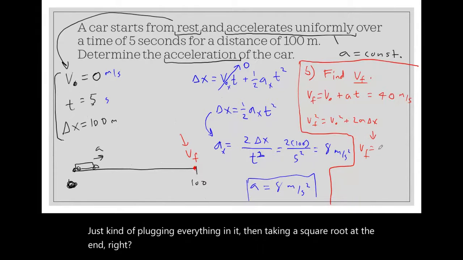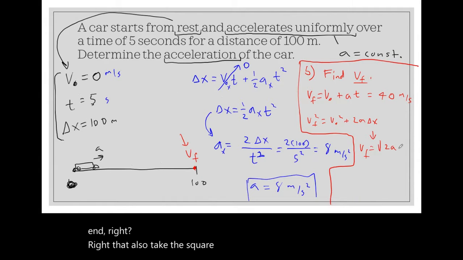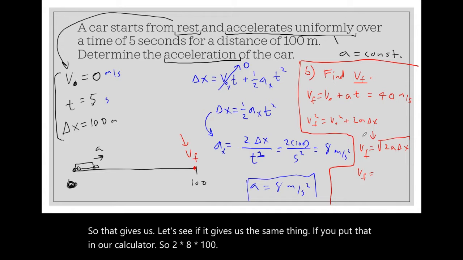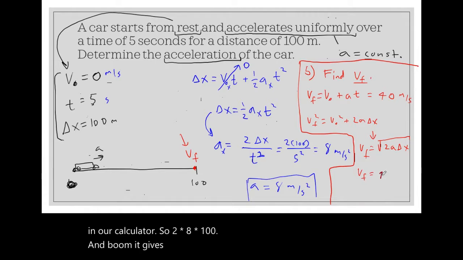So take the square root of 2a delta x. Let's see if it gives us the same thing. If we put that in our calculator, 2 times 8 times 100, and boom, it gives us the same thing. Cool, so both of those equations work out.